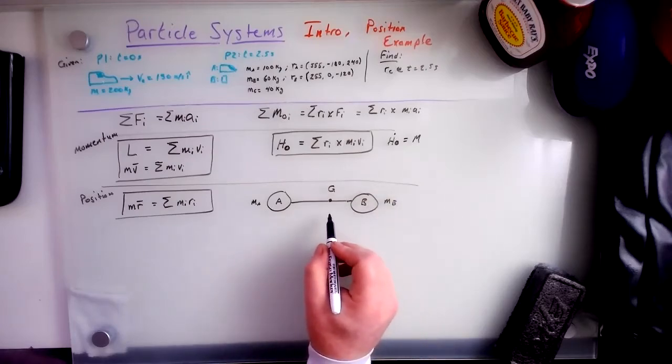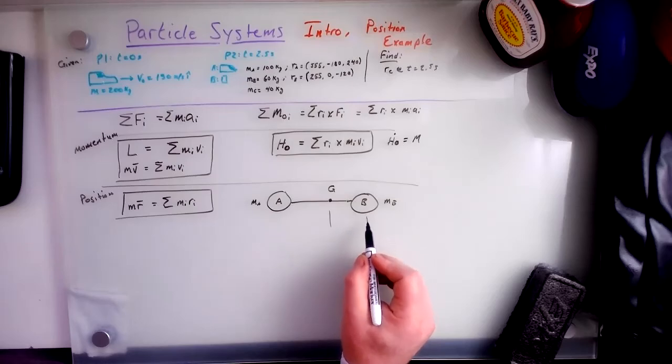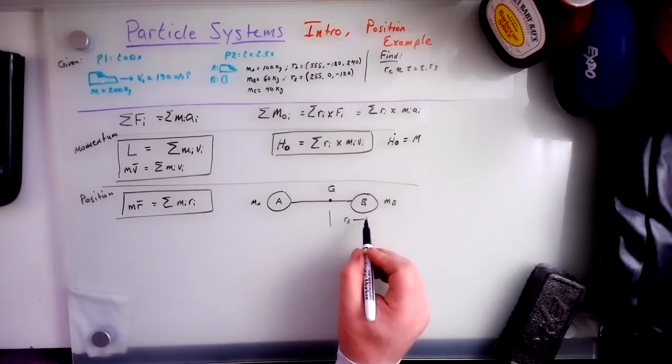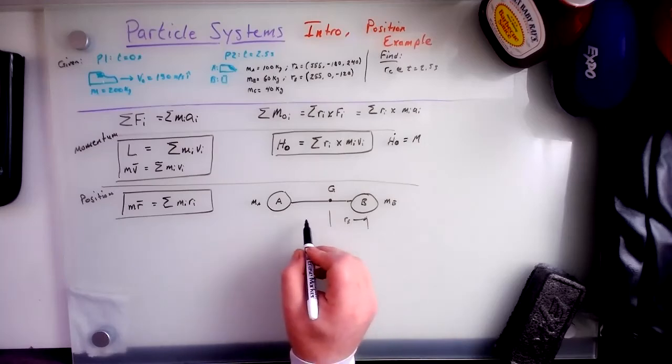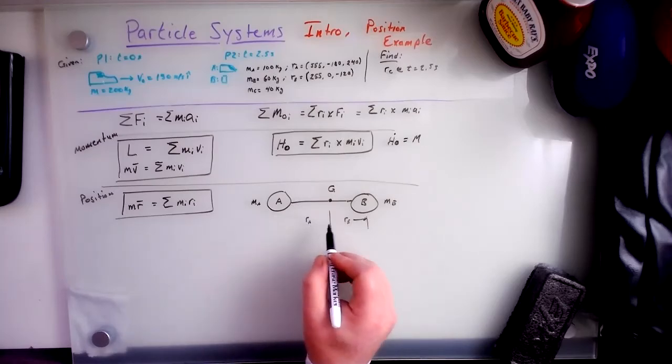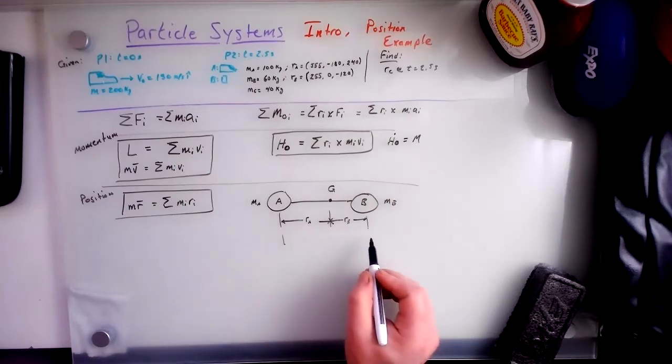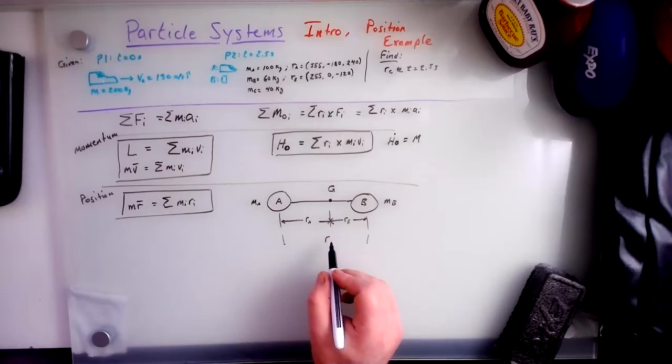So what we can do is we can define lengths. Call this r_B, the distance there. Call this r_A, this distance. And r is the overall distance between them.